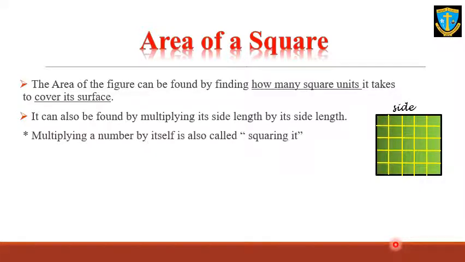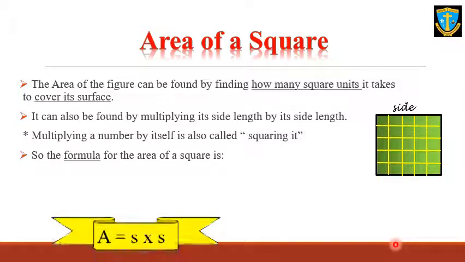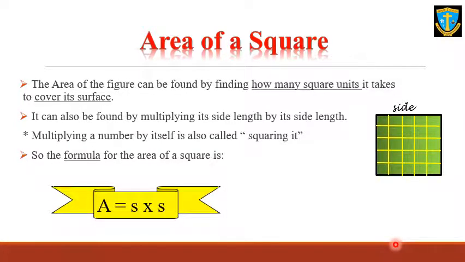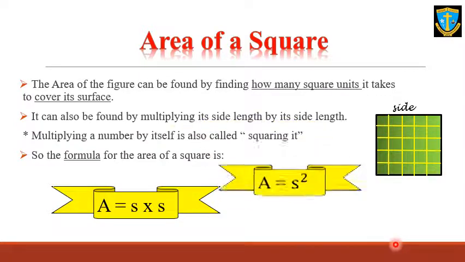Multiplying a number by itself is also called squaring it, or doubling it. The formula is A is equal to side multiplied by side. Side is denoted as S, area is denoted as A. So area will be equal to side multiplied by side for a square.